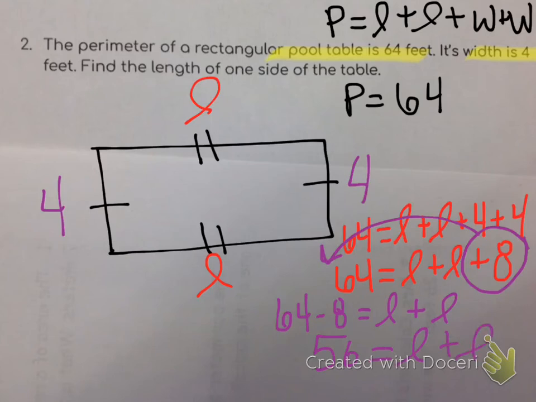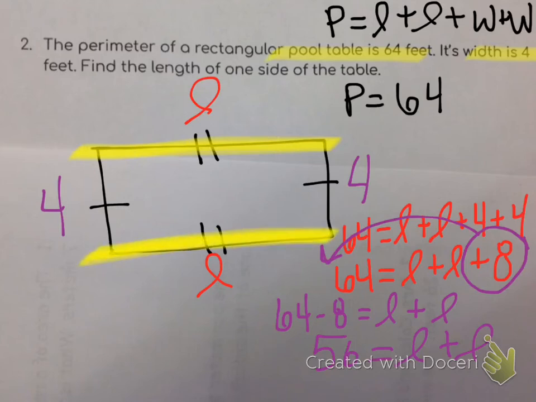So 56 means that you are taking this side plus this side, but they only want to know one of the lengths. So in order to find just one of the lengths, we have to split that 56 in half. And so we would take this number of 56 and divide it into two sides.